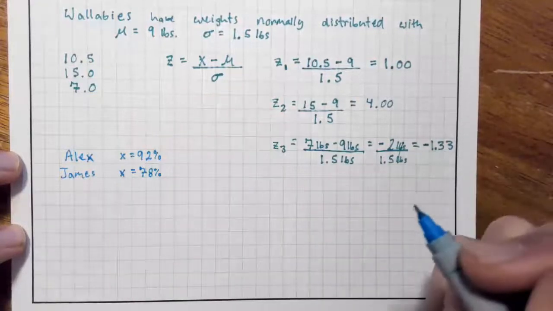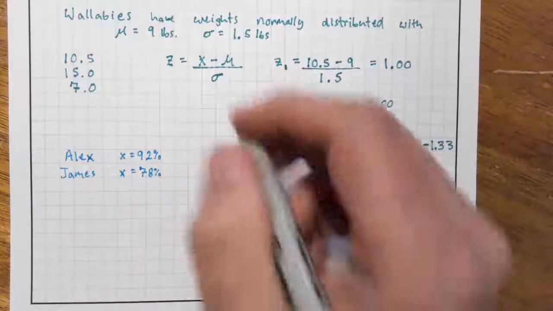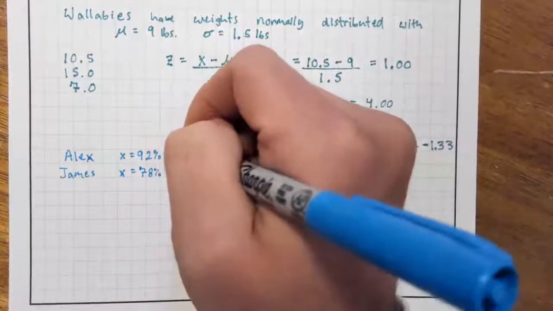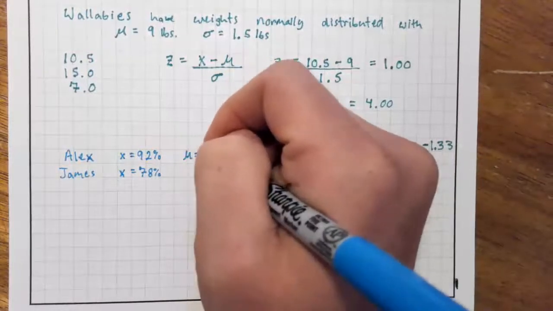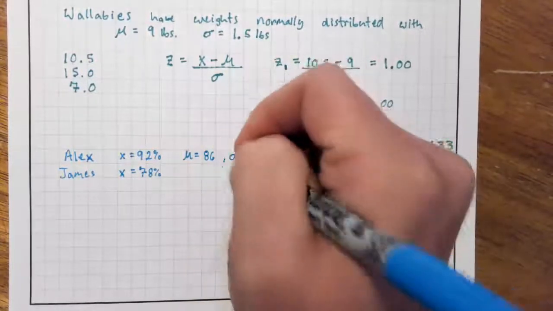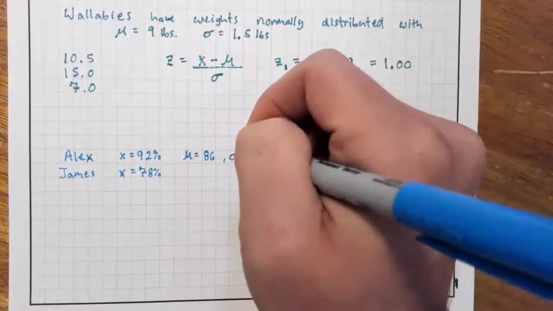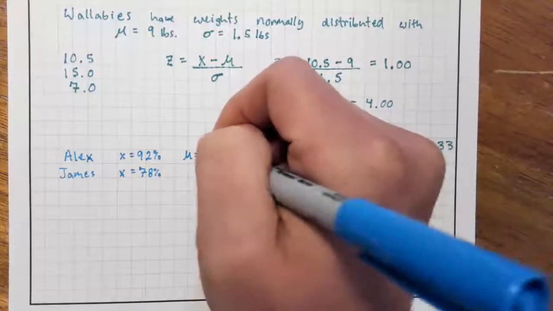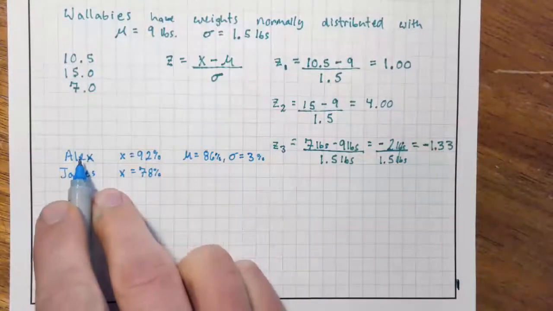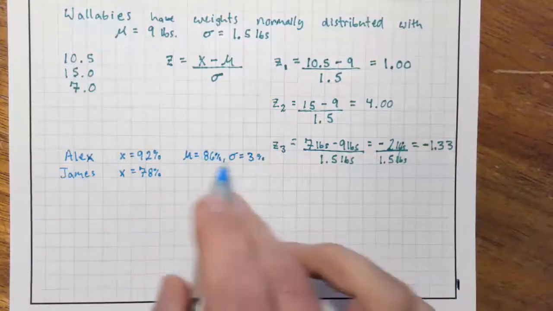Okay. Now, the statistics on these for Alex's class, the class average is an 86 with a standard deviation of 3%. All right, so Alex scored a 92%, and this is how his class performed as a whole.